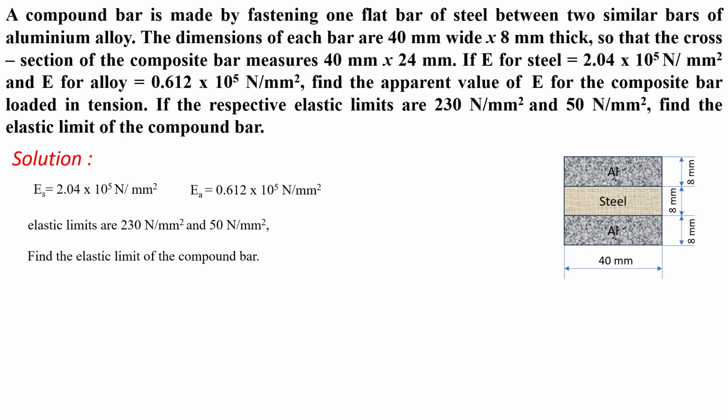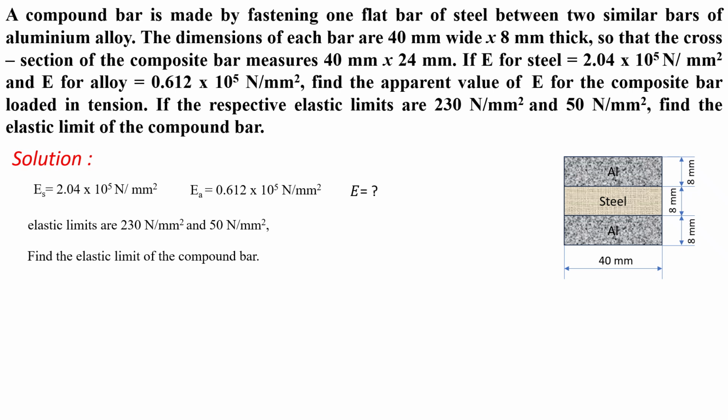Find the apparent value of E for the composite bar loaded in tension, if the respective elastic limits for the steel is 230 Newton per mm square and for aluminum is 50 Newton per mm square. Find the elastic limit of the compound bar.